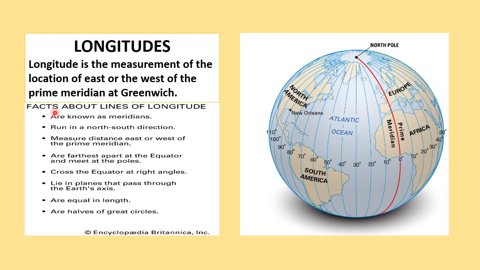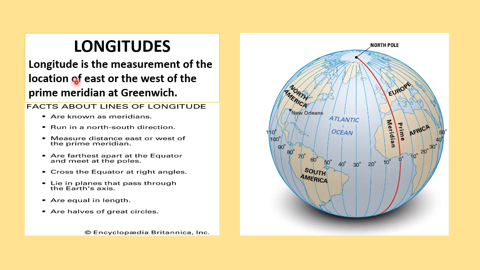Now coming to longitude, longitude is a measurement of location east or west. Now the equator tells us about north and south, right? Now longitude measurement gives us the east and west of the prime meridian. This is the prime meridian here, at Greenwich Mean Time. This passes through London, Spain, France, and many other countries in Africa as well.